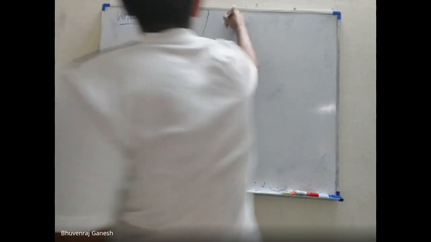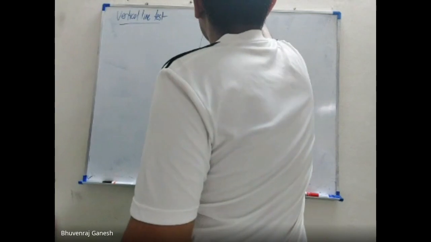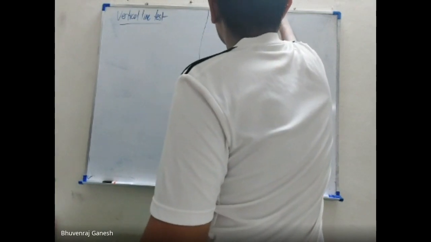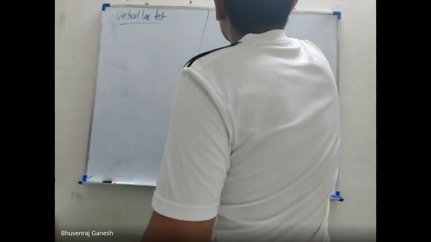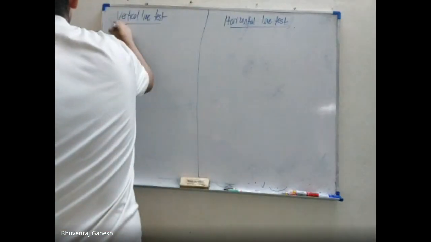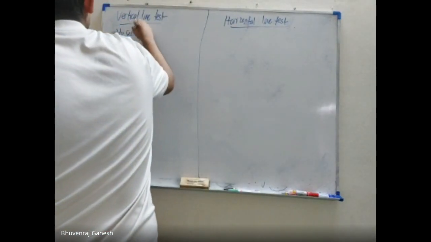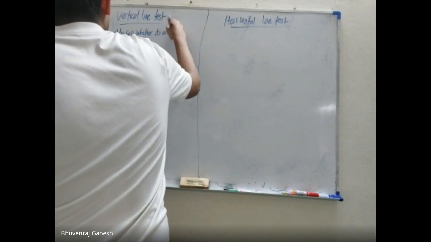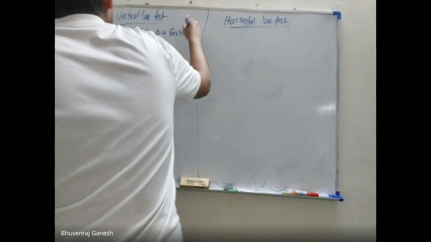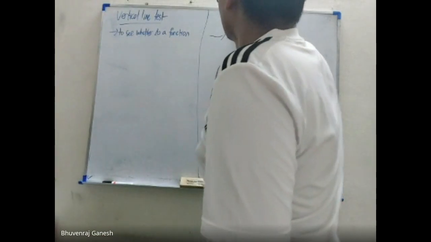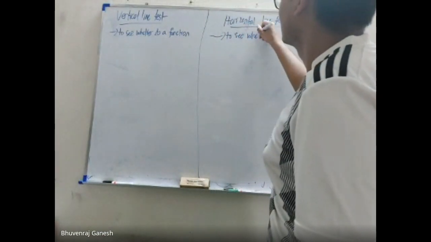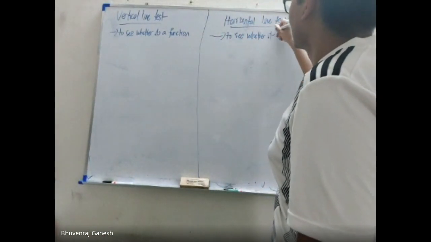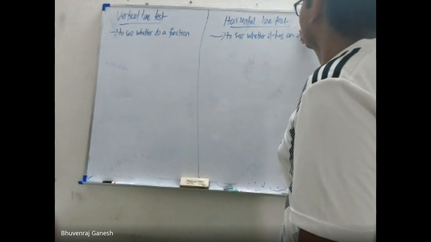We learned the vertical line test earlier already, and now they introduce the horizontal line test. The vertical line test is to see whether it's a function or not, and the horizontal line test is to see whether it has an inverse function.